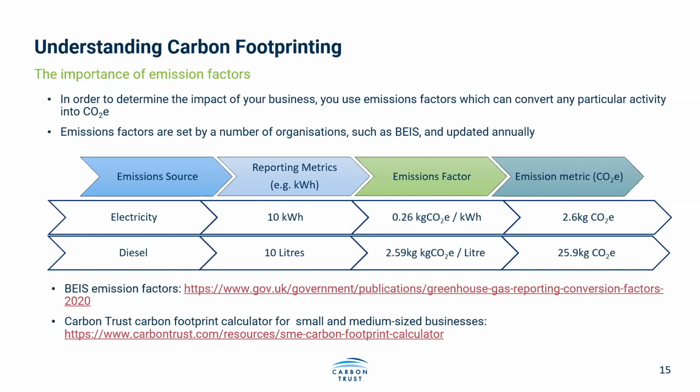Now, these are really important because you need to find the right emissions factor for the activity data that you're reporting against. So in this case, we've got an emissions factor of 0.26 kilograms of CO2e per kilowatt hour. So you use that emissions factor and your activity data in order to work out what the carbon footprint of your electricity would be.